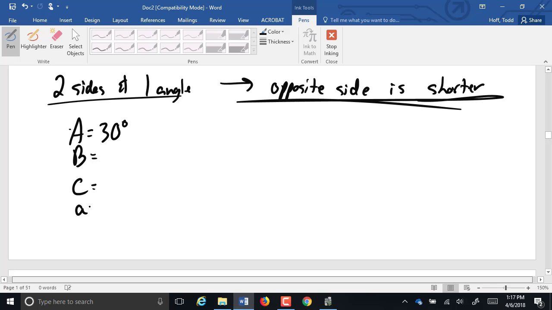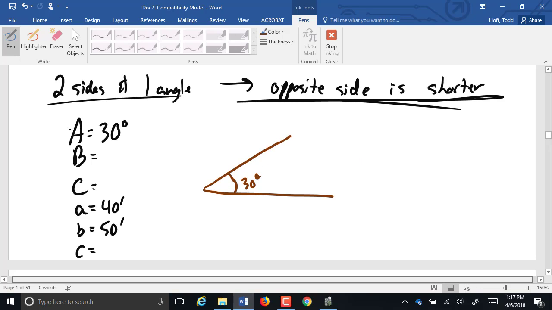We don't know B and C. Let's take side little a to be 40 feet, side little b to be 50 feet. We don't know side C. So here's angle A, 30 degrees, right? I'll make that a little less tight. I'm just going to label this A, B, C. This over here is 50 feet. This side over here is 40 feet.